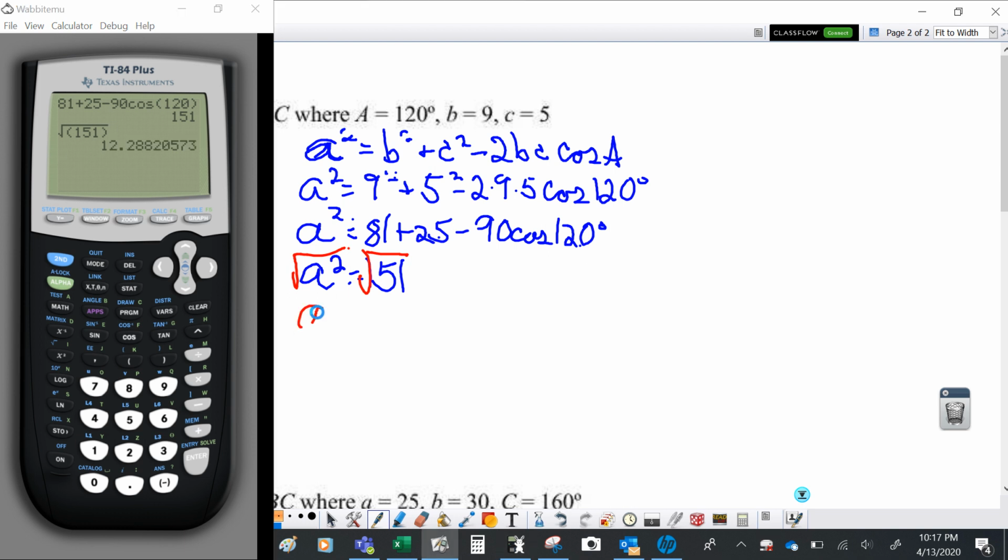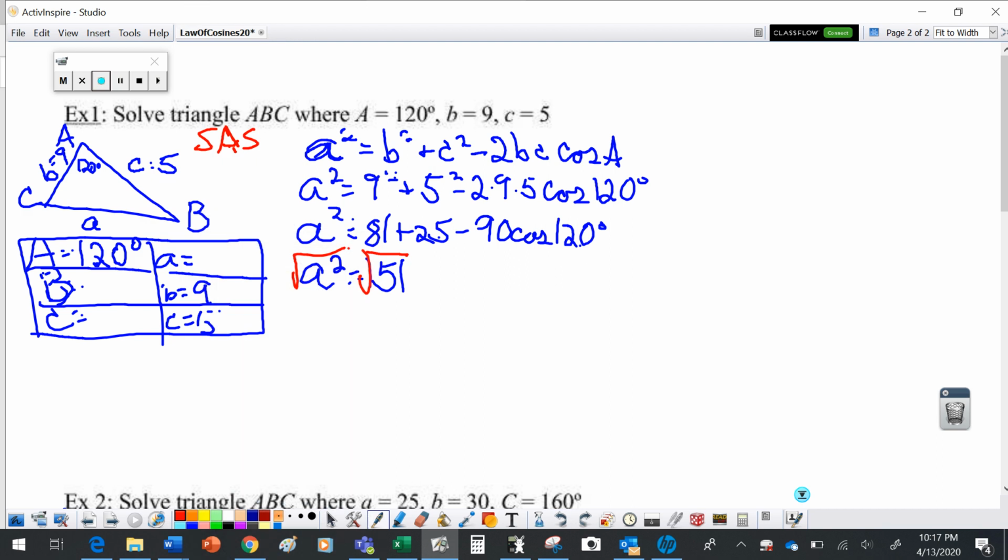And we get that A is approximately 12.28. And since we're solving an entire triangle, we can just say that A is approximately 12.3. And once we have that answer, we can put it in our answer table, 12.3, and there we go.